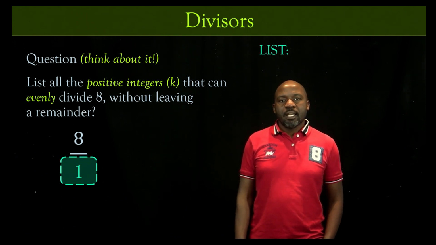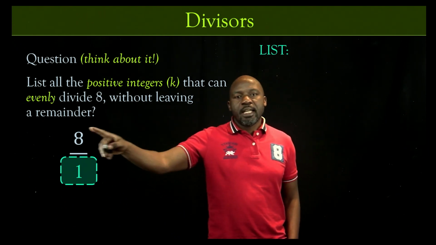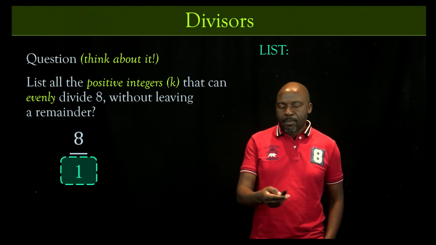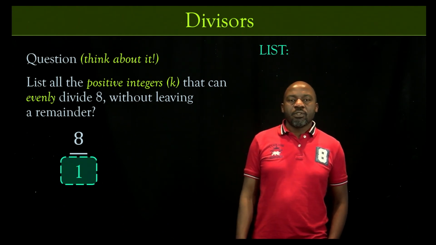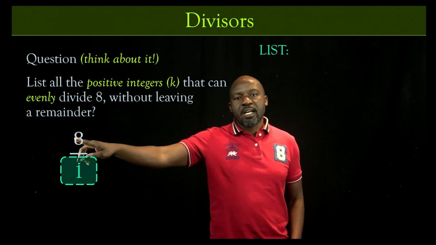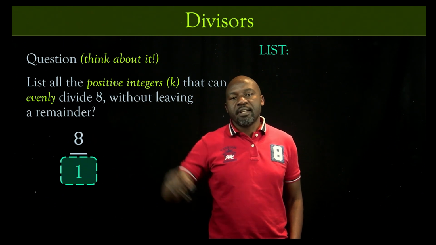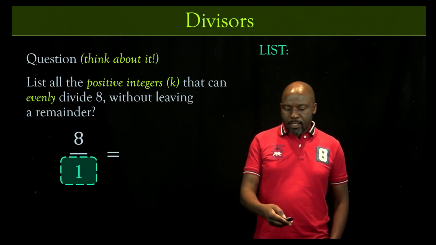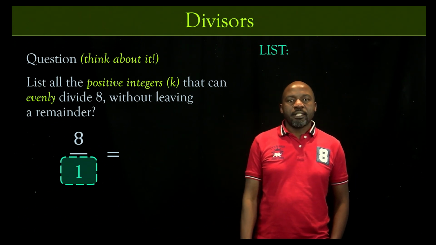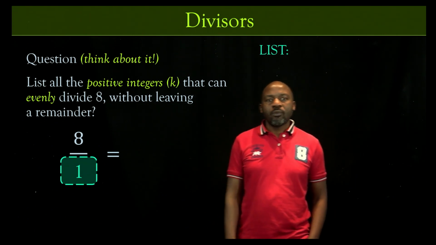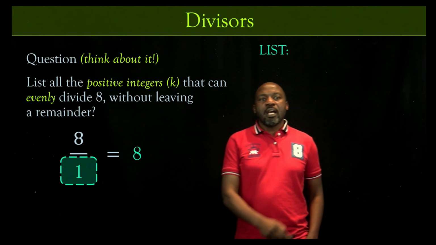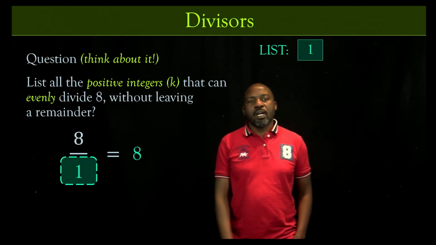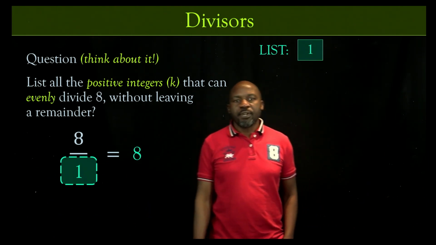And the answer is yes. 1 goes into 8 eight times. In other words, 8 divided by 1 is 8. So there is a complete number of times 1 goes into 8 without leaving a remainder. And for that reason, 1 is a divisor of 8. So therefore in the list we can put 1 as a divisor of 8.